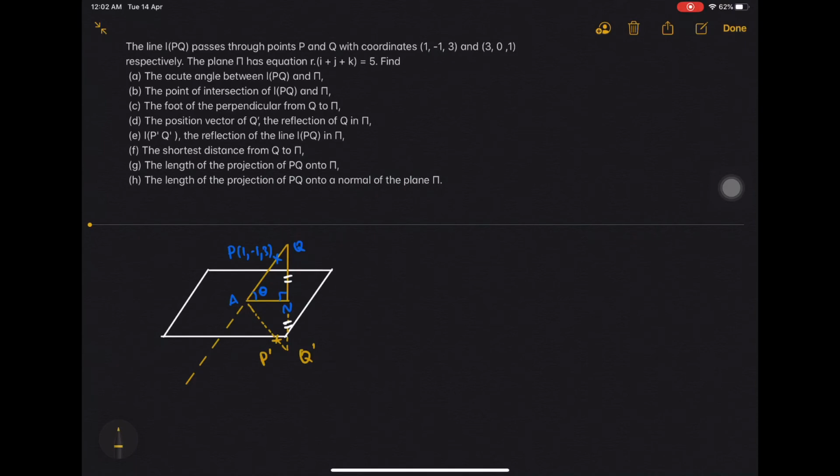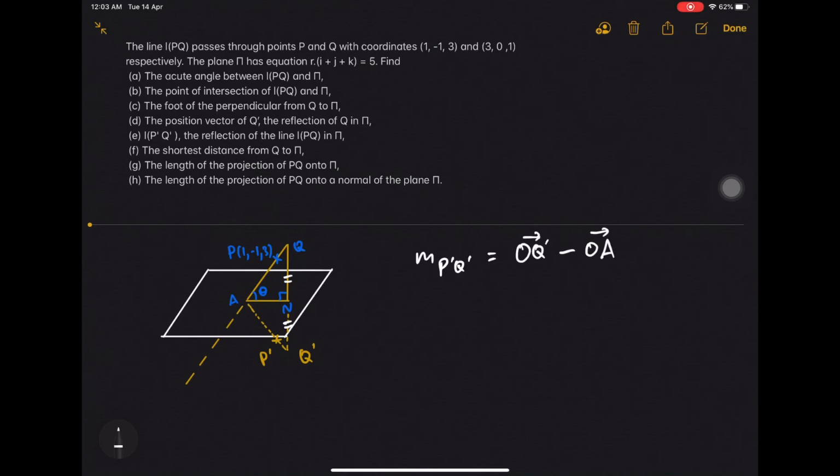To do that, the first thing we have to do is to find the direction vector of P prime Q prime. Since P prime is along the line A and Q prime, we can just use the coordinate of A. So it will look something like this: OQ prime minus my OA.